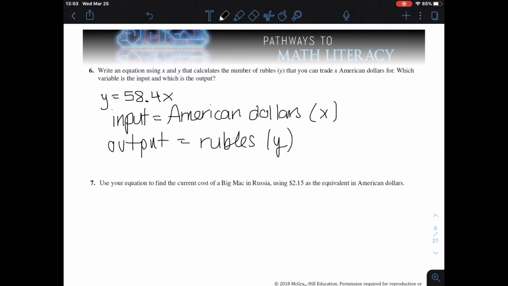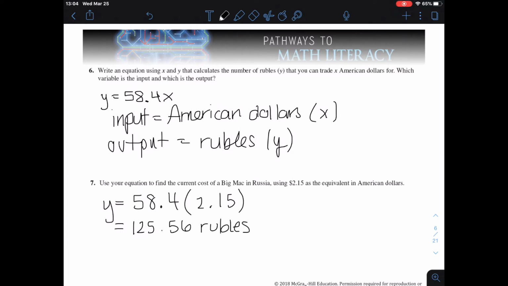So the amount of rubles would be y equals 58.4 times the US dollars. So it's $2.15. So the amount of rubles a Big Mac would cost is 125.56 rubles.